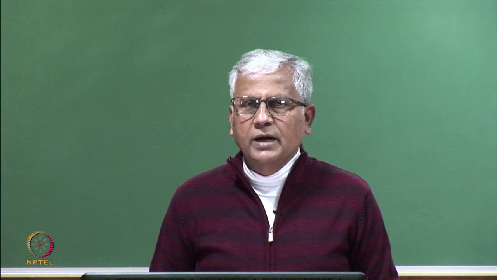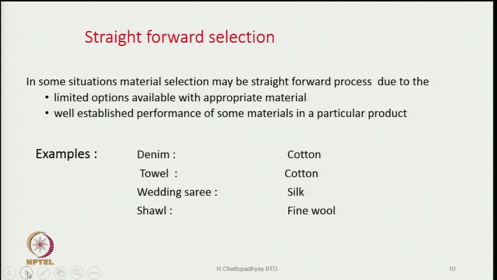Today there are other fibers which are being used in shawl, but when it comes to a very elegant looking or very high quality shawl, then obviously very fine merino wool will be the right choice, because there is a very good association between the property and the performance over so many years, and therefore, the choice becomes almost automatic in nature.